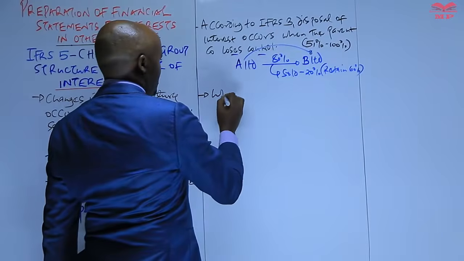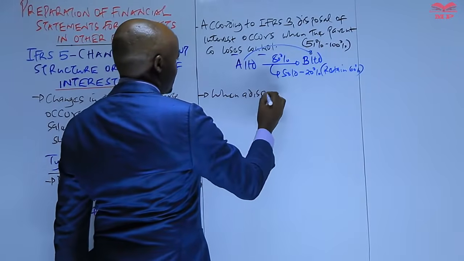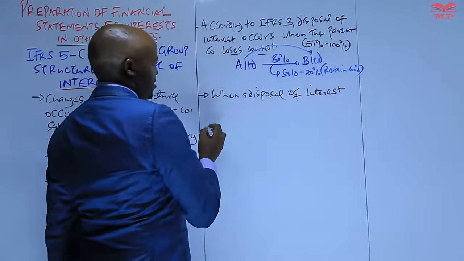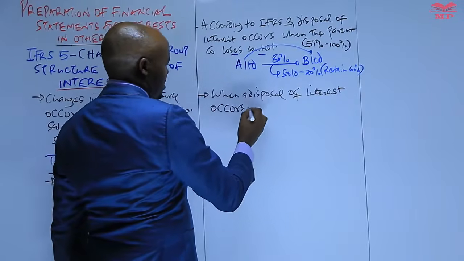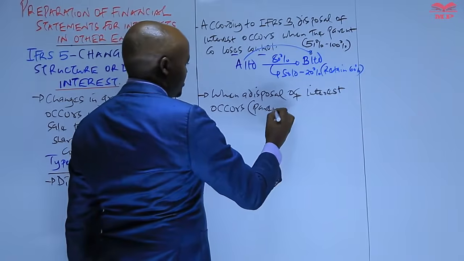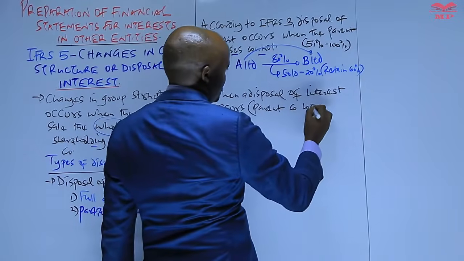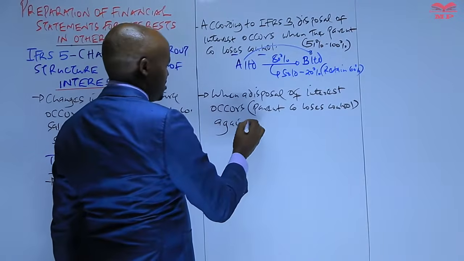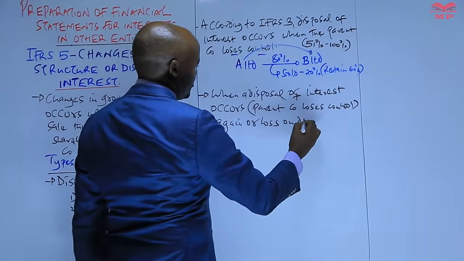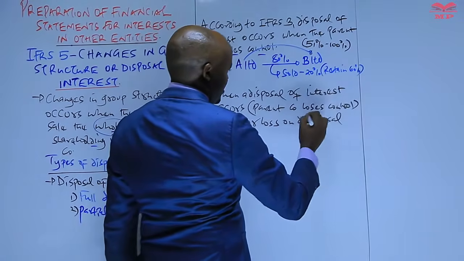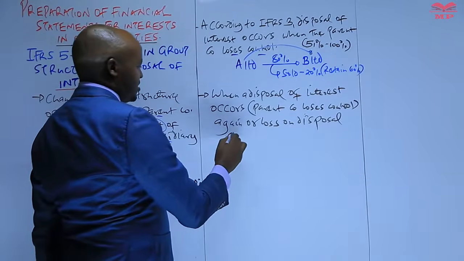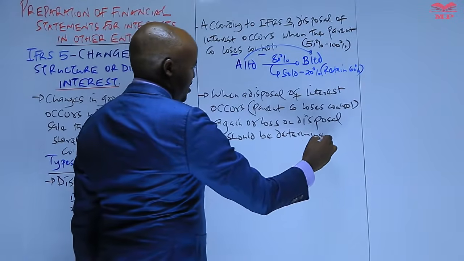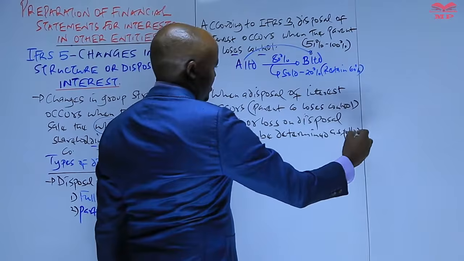And therefore, you can say when disposal of interest occurs, that is when the parent company loses control, a gain or loss on disposal should be determined as follows.